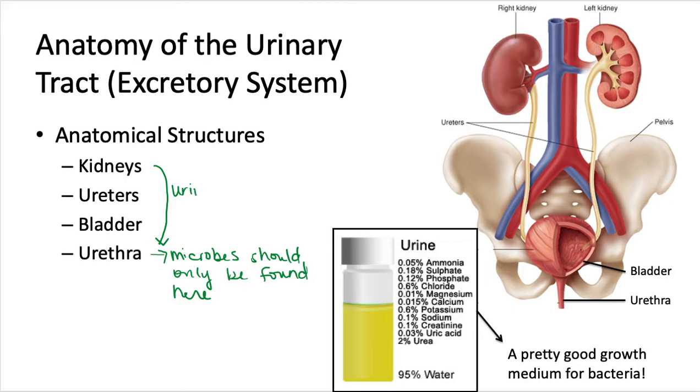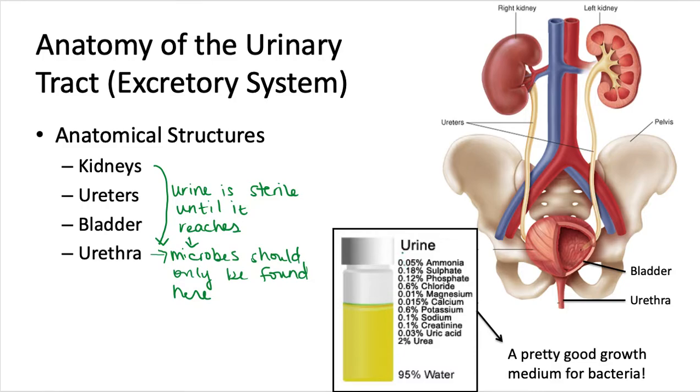So urine is a sterile liquid until it reaches the urethra or the microbes that are found in the urethra. Okay, so a urinary tract infection can be an infection of any of these three portions of the urinary tract, the bladder infection being the most simple form.